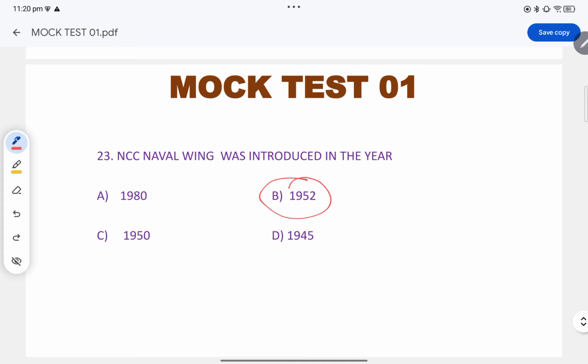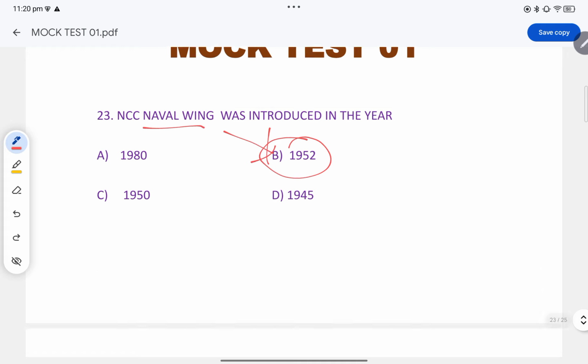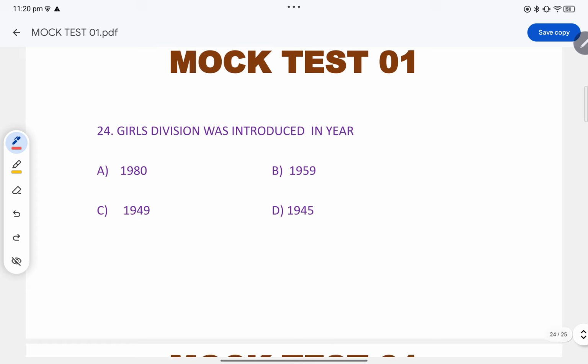The Girls Division was introduced in the year 1949.